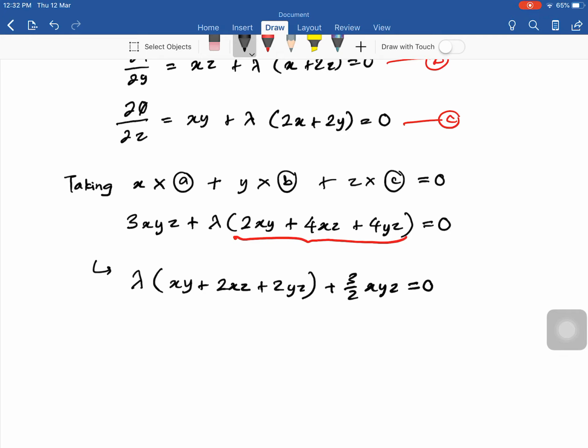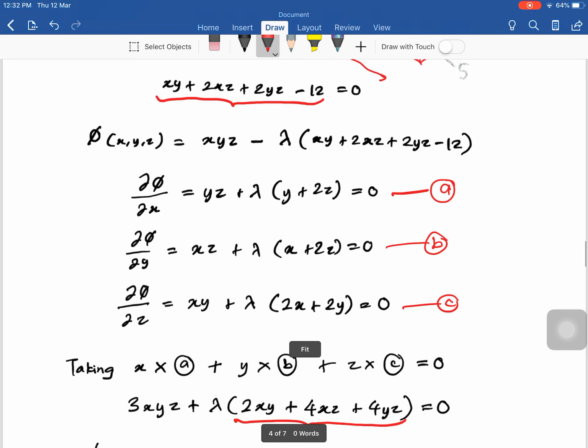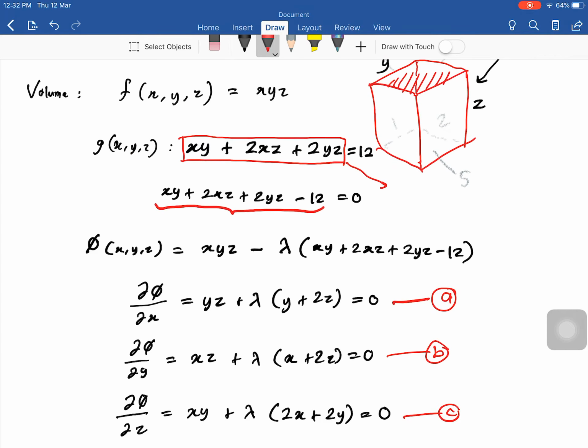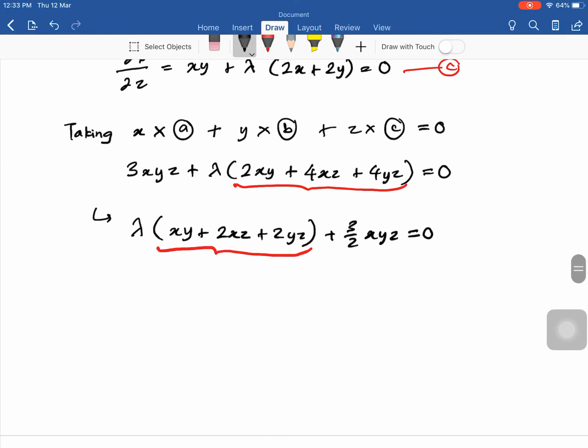So right now we can substitute, replace this with the value in the constraint. So in the constraint, we have the value is equal to 12. Therefore, we can simplify it. 12 lambda plus 3 over 2xyz.